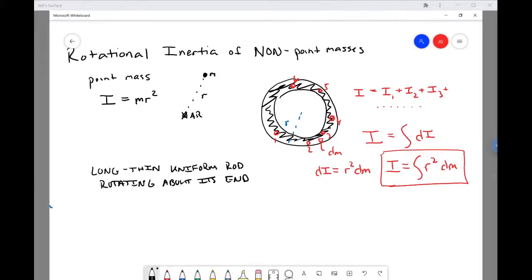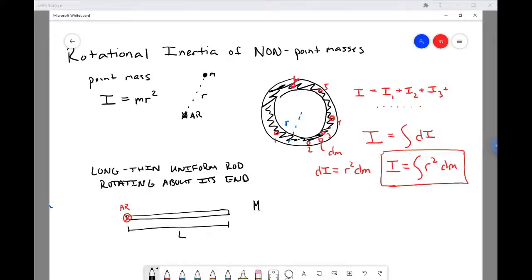But for this case, we have a long uniform rod, like a meter stick, that's rotating about an endpoint. This is the axis of rotation, AR for short. The meter stick has a length, call that L. I'm going to do some things which might seem superfluous in the moment, but you'll see why this is important.